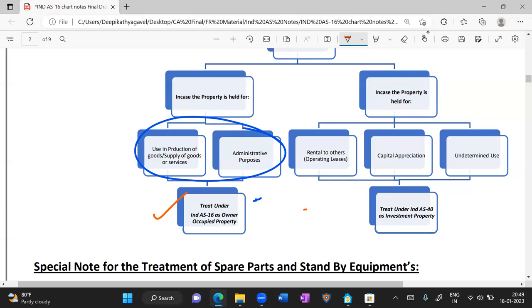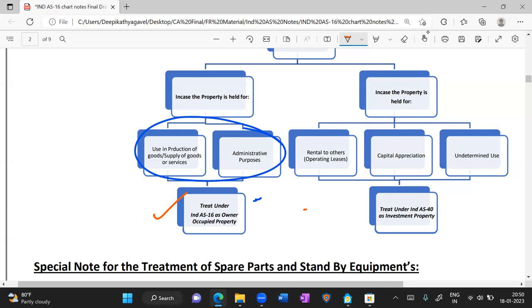In that case, was the purpose of purchasing that land for production? No. Was it for administrative purposes? No. It was solely to gain from that capital appreciation. That means I'm basically making an investment, because I'm expecting a higher return in the future. So in that case, it will be treated as an investment property and it will be classified under IND AS 40.